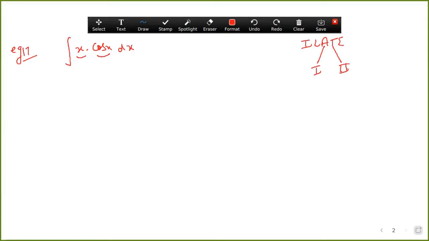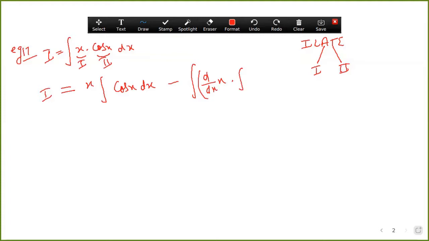So when you apply the by parts rule on this integration, it becomes x as it is, the first function, times the integration of cos x dx, the second function, minus the integration of the derivative of x times the integration of cos x dx.